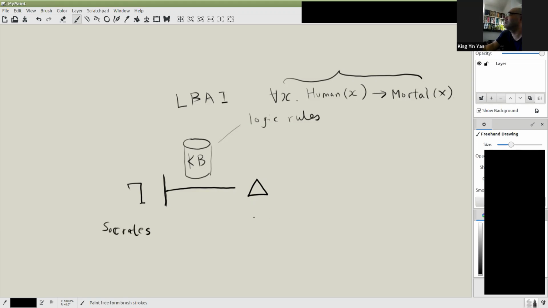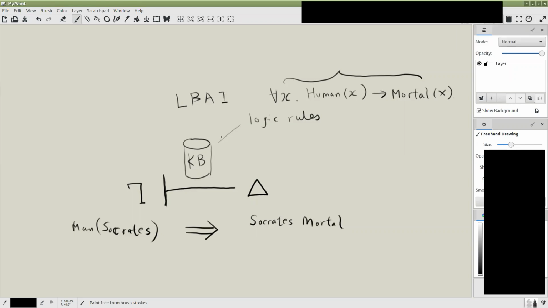So therefore, Socrates is mortal. We prove this, right? It's mortal. So now from here we use an implication, and this comes from this logic rule, and this KB contains millions of maybe more logic rules.